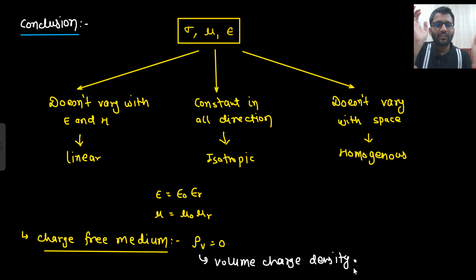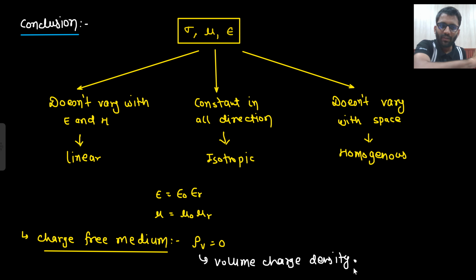From now onwards, all the mediums will be linear, isotropic, homogeneous, and charge free. Again, from now onwards you are going to analyze EM waves in different mediums: in conductor, in dielectric, in free space.